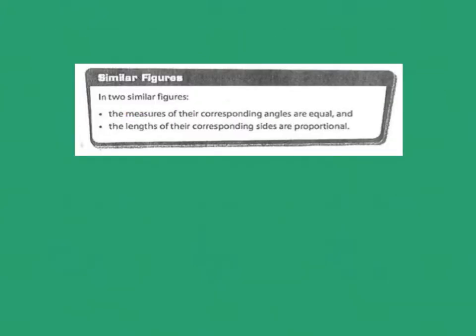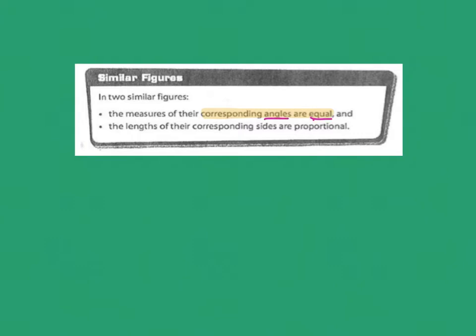So here's another little thing about definitions. Similar figures, when 2 figures are similar, here are things you need to know. The angles are equal. This is very, very important. We're asked this question many times. They are equal, which means they are the exact same degrees.